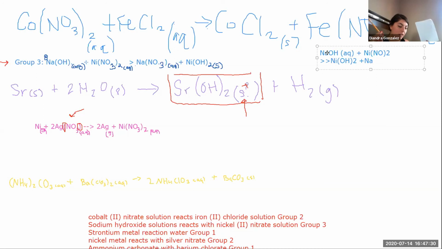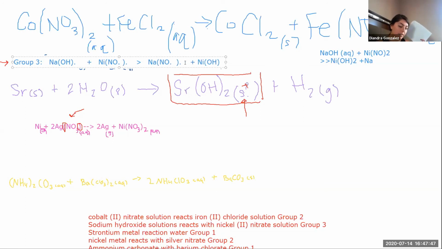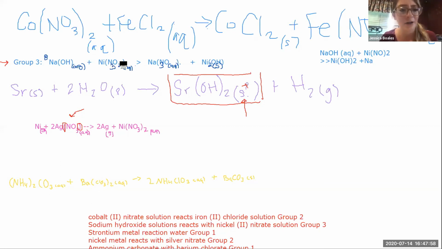That tells us that the 2 subscript applies to the OH. And on the reactant side, it was just NaOH. So I added a 2 in front of NaOH so that I would have 2OH. And then I'm sorry. I'm a little lost. Do you want to annotate it?